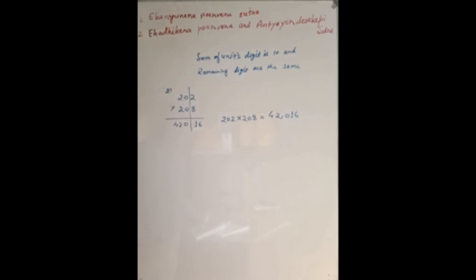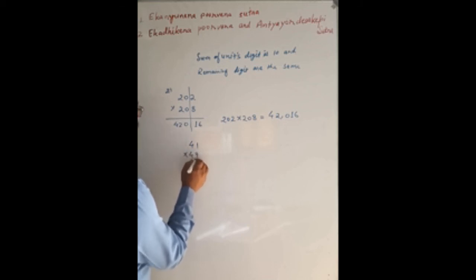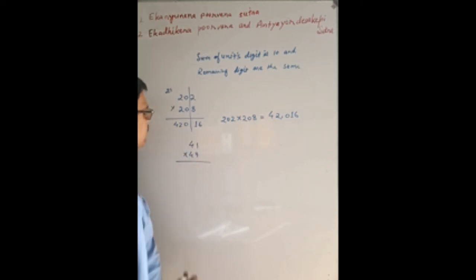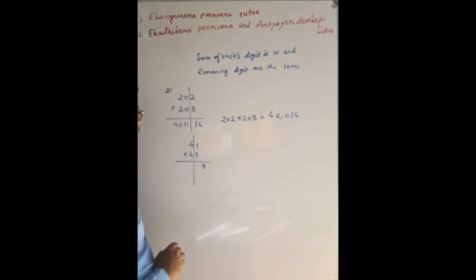We take another example. 41 multiplied by 49. Sum of unit digits is 10 and remaining numbers are the same. 9 times 1 is 9 and 4 times 5 is 20... in the right part we always take two digits.